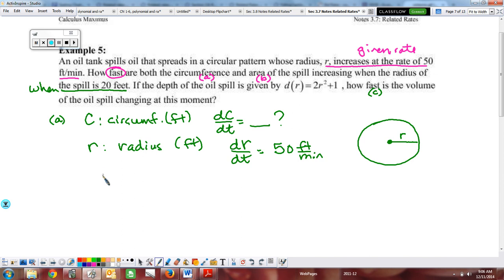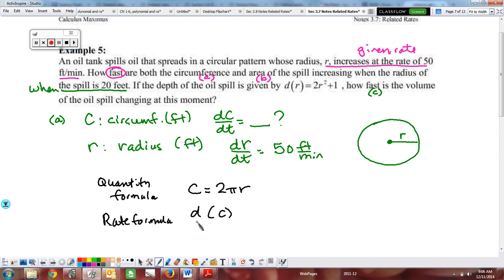So my quantity formula is a formula that relates circumference and radius. Well, that's easy. Circumference equals 2 pi r. My rate formula, take the derivative of both sides, derivative of C with respect to t, derivative of 2 pi r with respect to t.